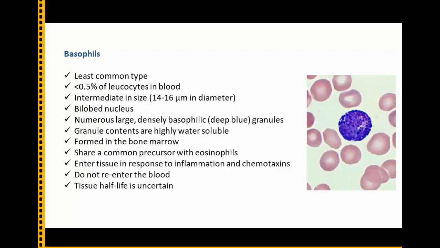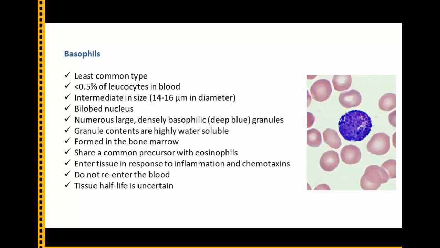Then the basophils. Basophils are bilobed cells. They have 2 lobes in the nucleus, and usually you can't identify that.